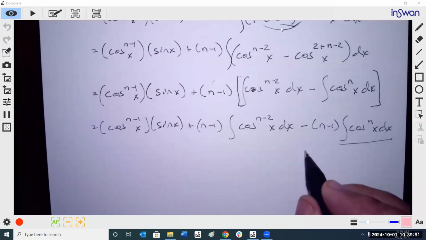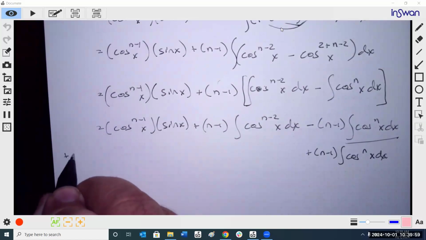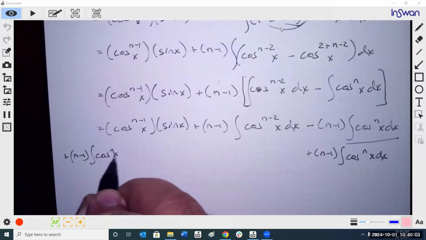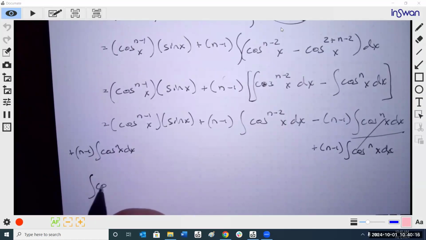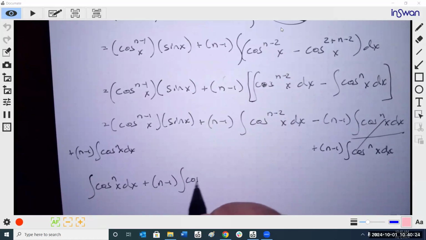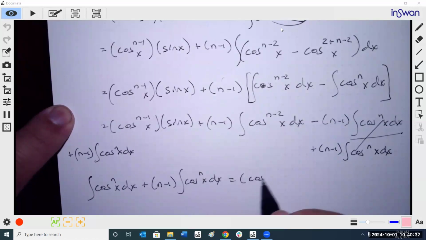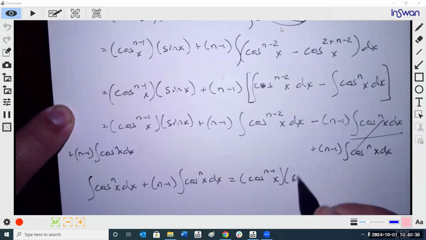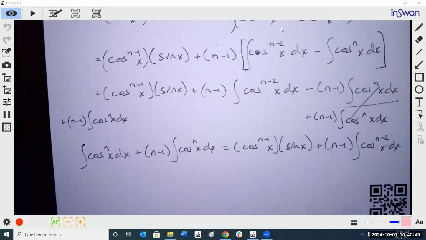So if we add both sides, this, the integral of cosine n of x dx plus n minus 1 times the integral of cosine n x dx equals all this stuff: cosine n minus 1 x sine x plus n minus 1 times the integral of cosine n minus 2 x dx. Holy smokes.